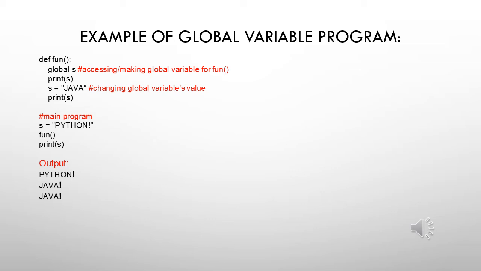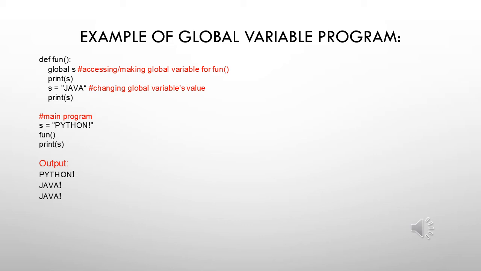Also, it's not limited to only the function fun. Next, we print s and we will get the value Python, since we assigned this in our main program. Next, we change the value of s to Java and we print it. So we get the next output as Java.